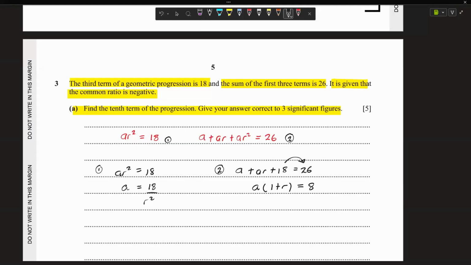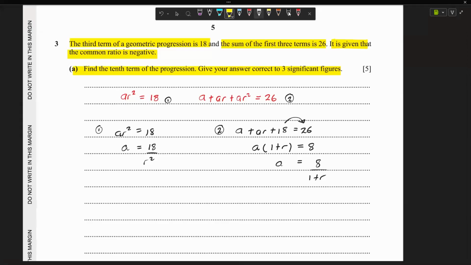So essentially, we can say that A is equal to 8 over 1 plus R. So we have an expression here for A and another one for A, and they should both be equal to each other. So we can say 18 over R squared is equal to 8 over 1 plus R.